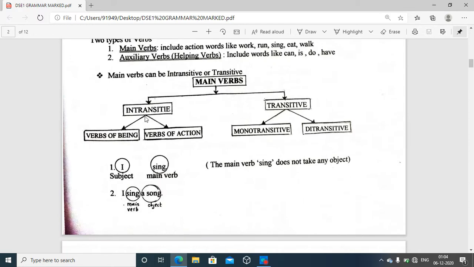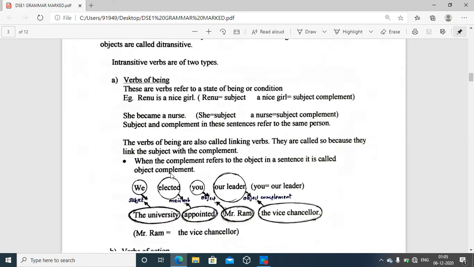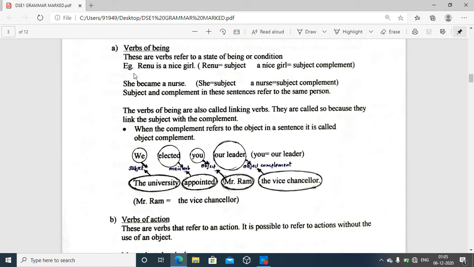So the second type, verbs of action, is exactly something entirely different. That's why verbs of being is different from verbs of action, or we have different categories as such. Let us see another example. She became a nurse.